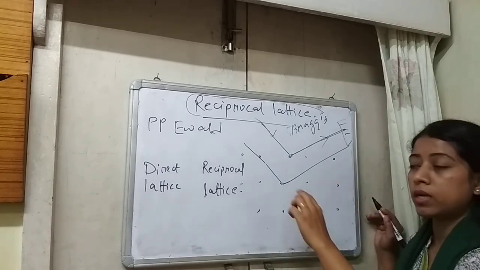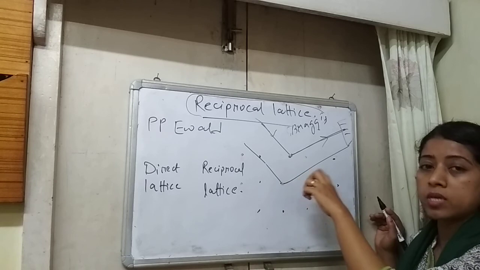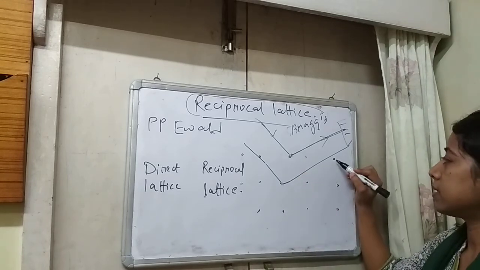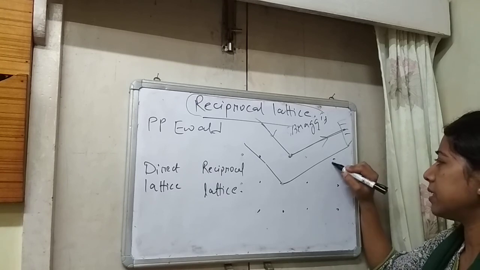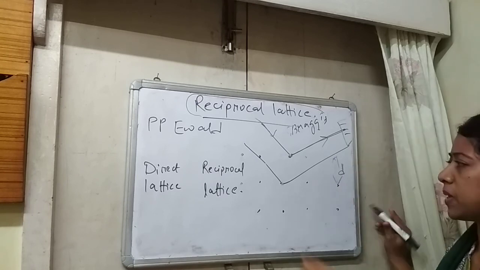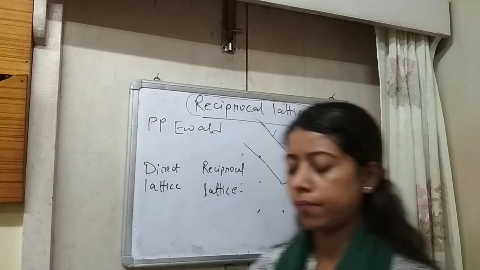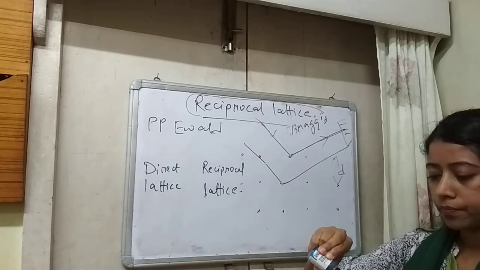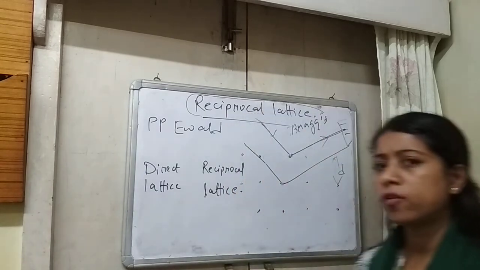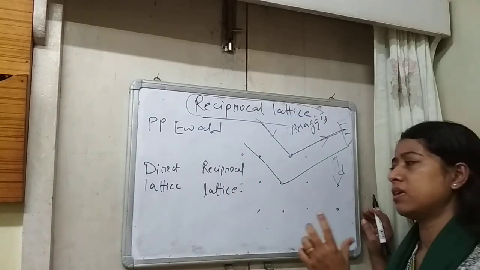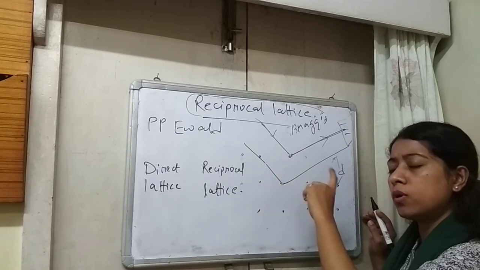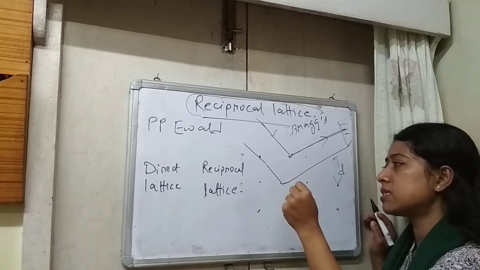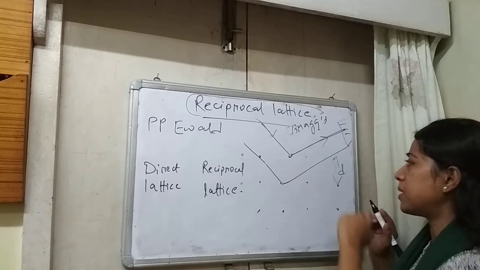We try to know how the atoms or molecules are arranged inside the crystal, and the interplanar spacing d. So the information that we get is very limited. We just try to identify how the atoms or molecules are arranged inside the crystal, and the interplanar spacing.